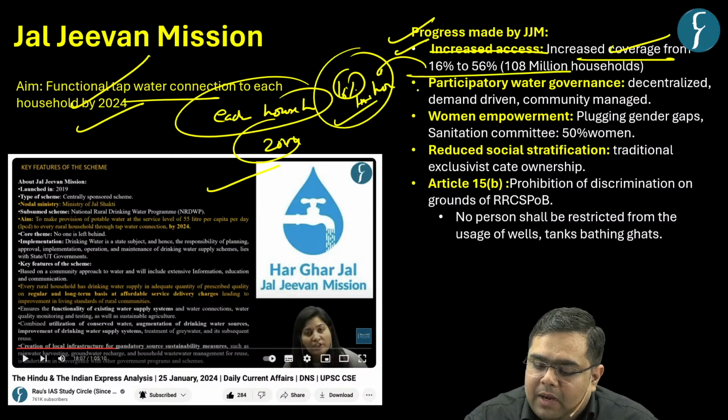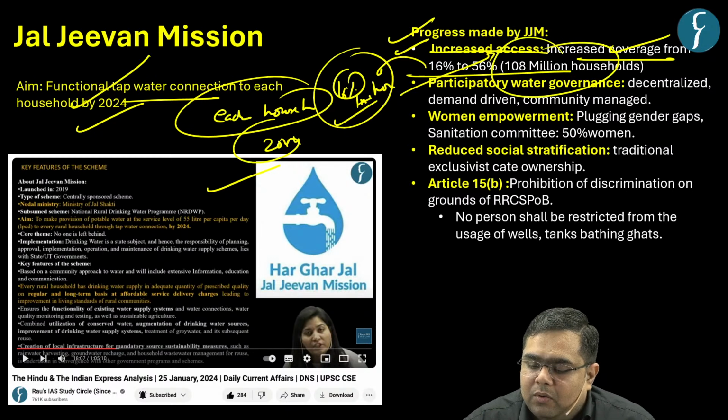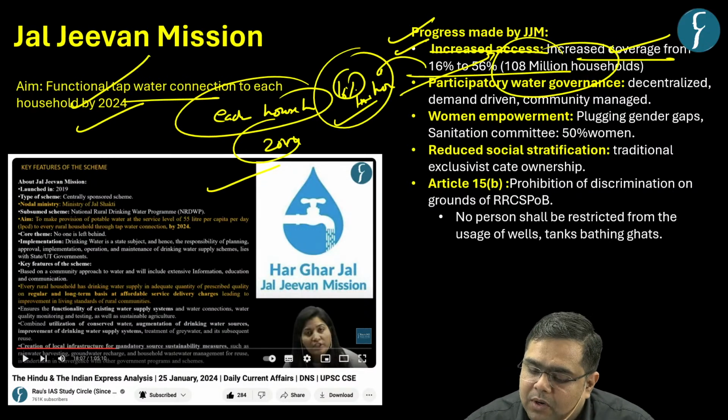The remarkable improvement here is that now more than 55% of the people in India have tapped water supply when it comes to their homes. The net number is 108 million households that have a provision for tapped water in India now, which is a substantial and commendable move.